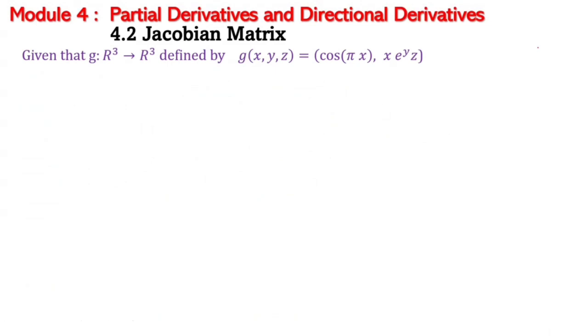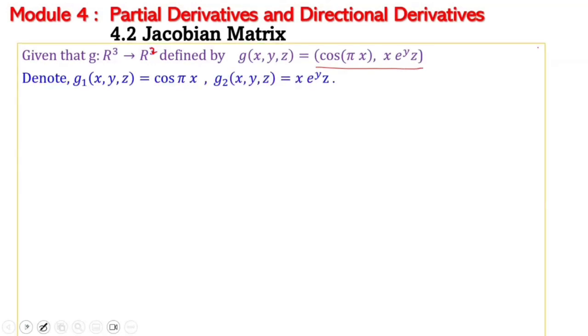Now we calculate the Jacobian for the function on R^3. g is from R^3 to R^2, and it's defined by this function. Again we consider two components of g: g1 of x, y, z is cosine pi x, and g2 is x e to the power y and z.